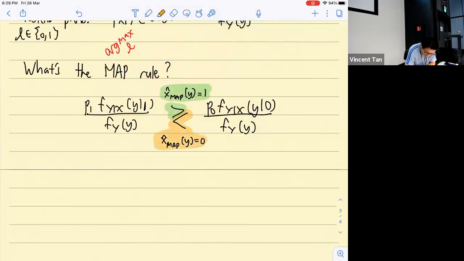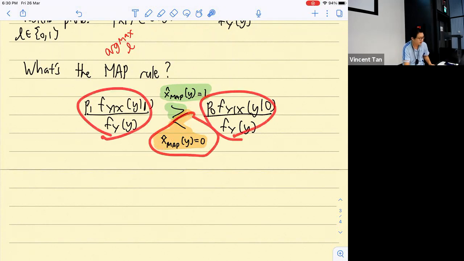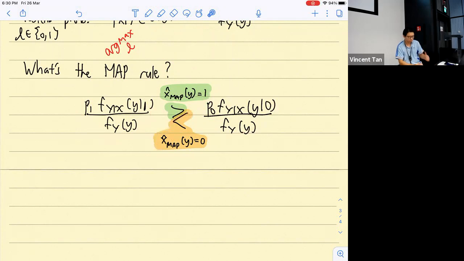So this is the notation that we use. We will put some clause above the greater than, and some clause below the less than. The way to read this is that if this is true, we'll make this decision. And this is true if this guy is bigger than this guy, in which case the MAP rule says that you should choose hypothesis 0.